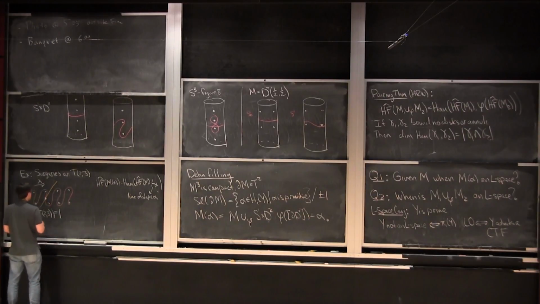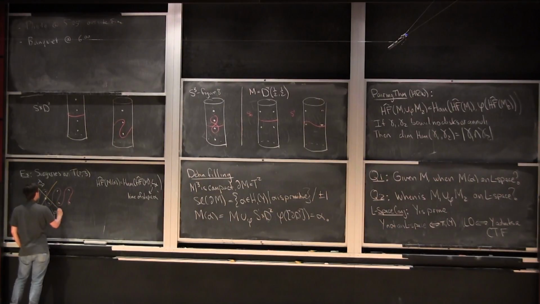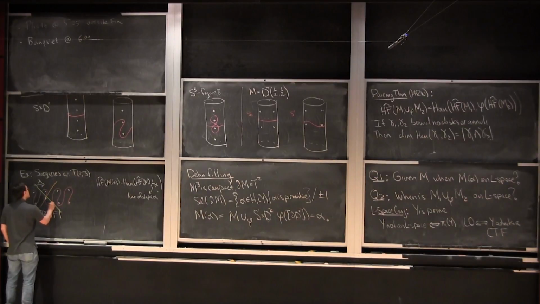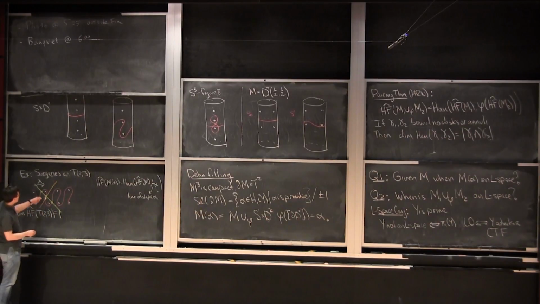On the other hand, if I wanted to do -1 surgery, that would correspond to looking at the intersection with this green curve. Here I see 3 different intersection points, and there's no way to isotope them away. I can't slide this curve over this puncture here. So I'm really stuck with 3 intersection points.